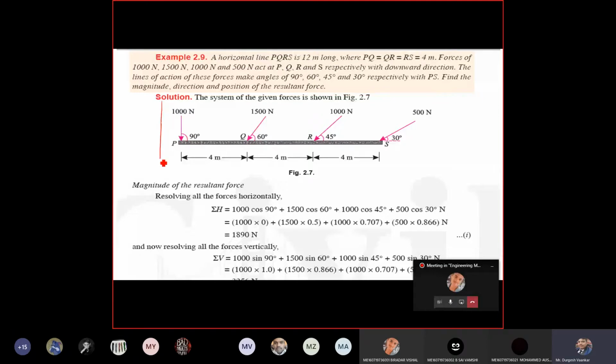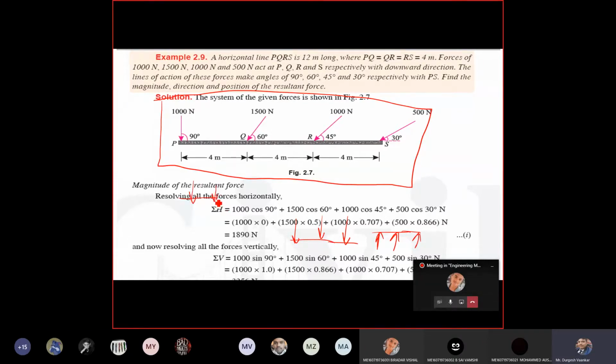See, this is the problem. Neither here all downward forces are acting onto the beam, nor all upward forces are there. Here is a combination of some downward forces as well as some inclined forces.